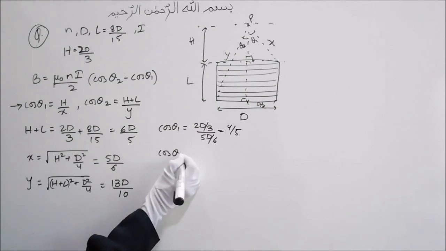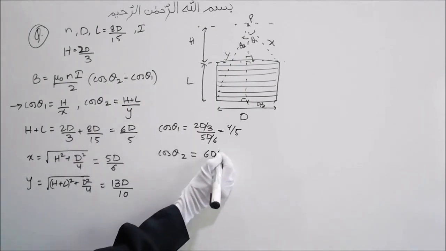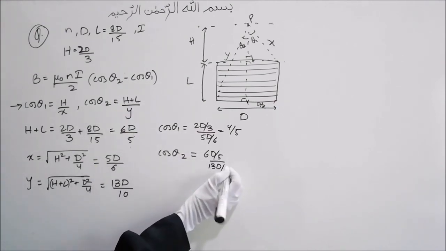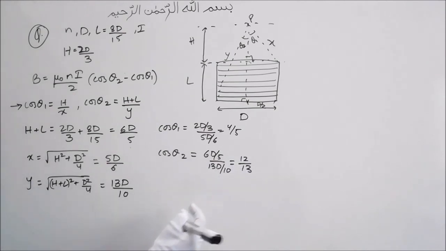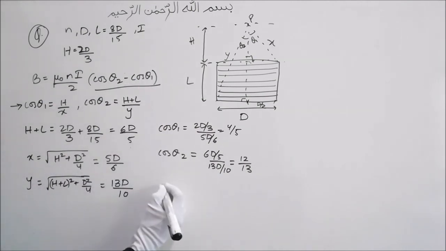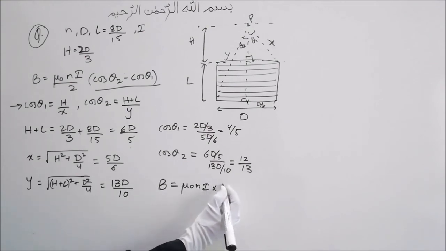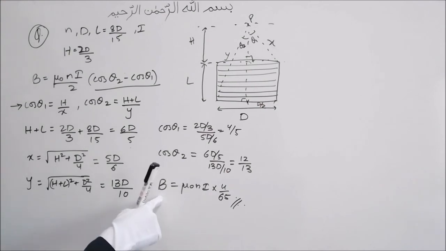And cos theta 2 is h plus L, 6d by 5, divided by y, 13d by 10, and this gives me 12 by 13. Put both of these values in this equation and we'll get the magnetic field as mu naught Ni into 4 divided by 65. This is the magnetic field at this point P.